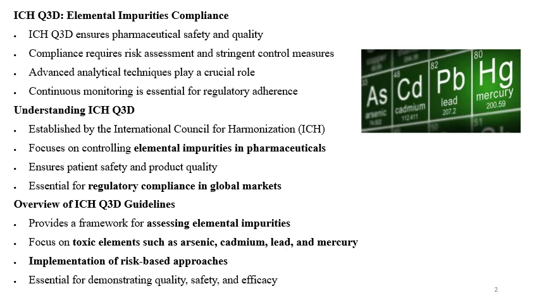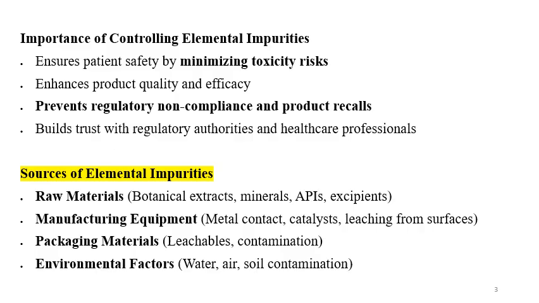This guideline provides the framework for assessment of the elemental impurities, and focuses on the toxic elements like arsenic, cadmium, lead, mercury and many more. These are considered as the toxic elemental impurities, and the implementation of a risk-based approach is required. This guideline understanding is essential for compliance.